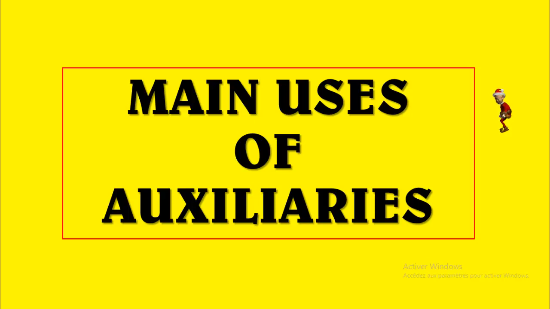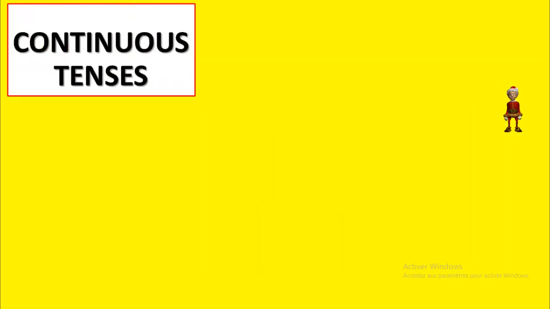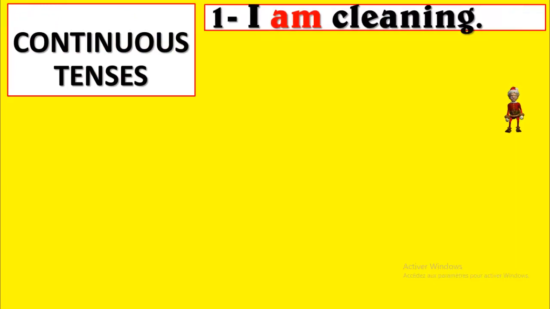Main uses of auxiliaries. How do we use auxiliaries? Mainly, what is the role of an auxiliary? À quoi sert l'auxiliaire? Auxiliaries are used to form continuous tenses. I am cleaning, so am here plus ing form is used to form the present continuous.